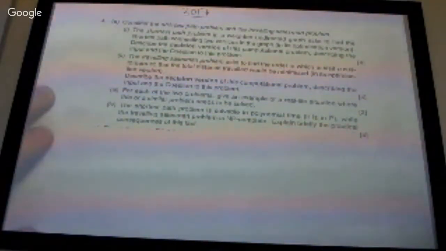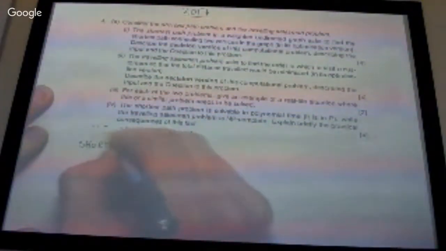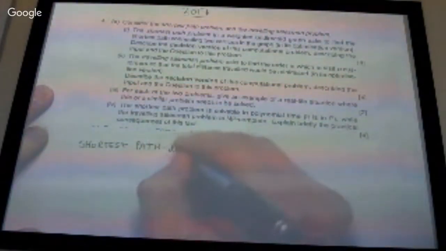So what is the decision version of the shortest path? Straight from the notes. What's the input?